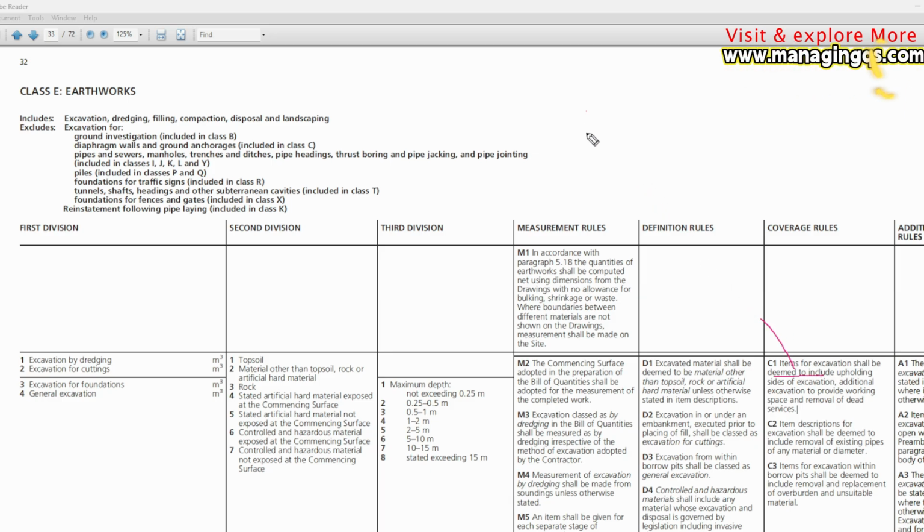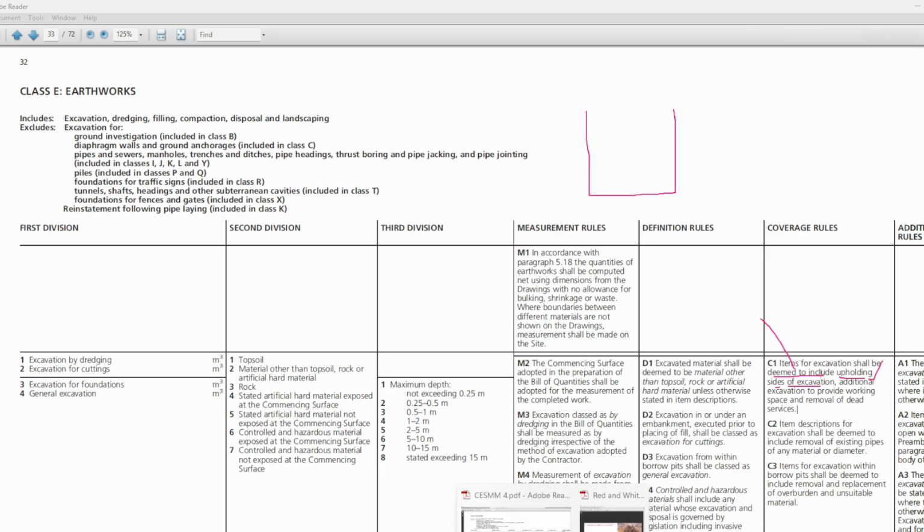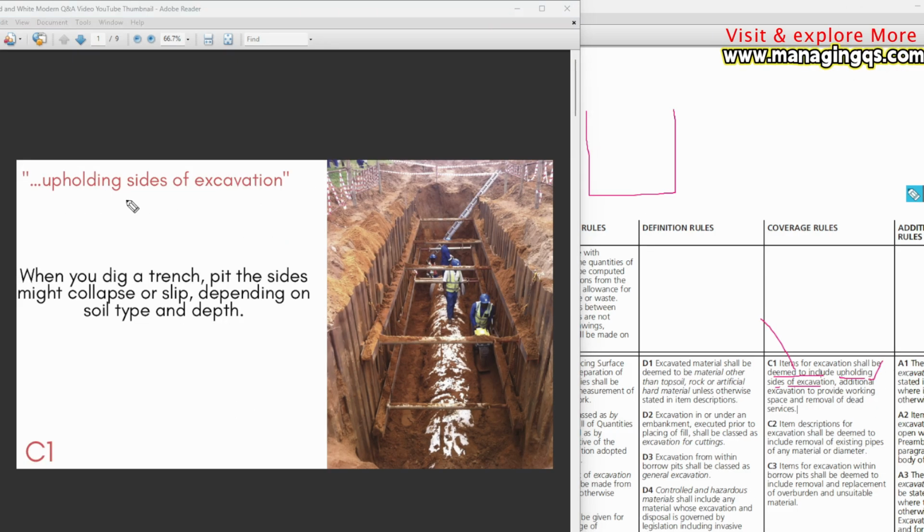Automatically included means when you excavate trenches to lay pipework, sometimes you have to provide upholding of the sides of the excavation. Upholding means, when you dig a trench or pits, sometimes the sides might collapse or slip, depending on the soil type and depth. You can see there is a trench for drainage pipe laying.